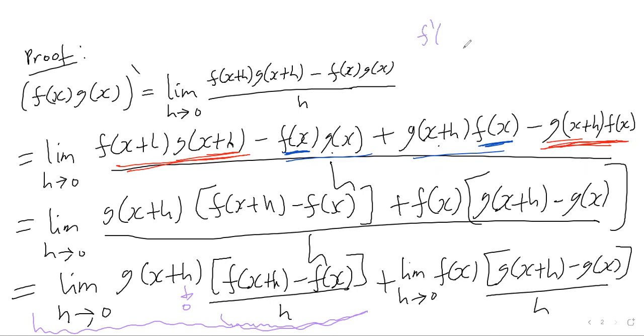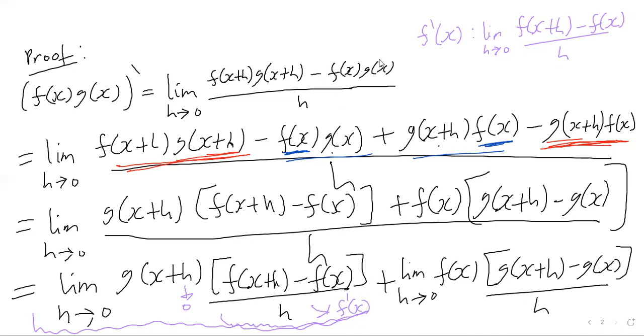The derivative of f of x is defined as the limit as h goes to 0 of f of x plus h subtract f of x, all over h. And so this fraction over here is going to tend to the derivative of f of x as h tends to 0.